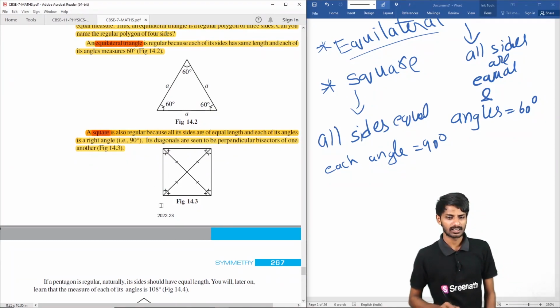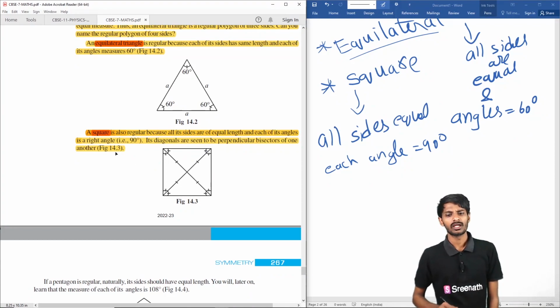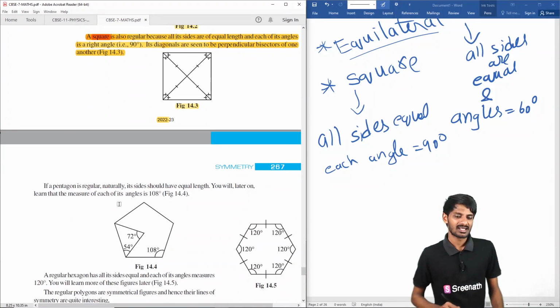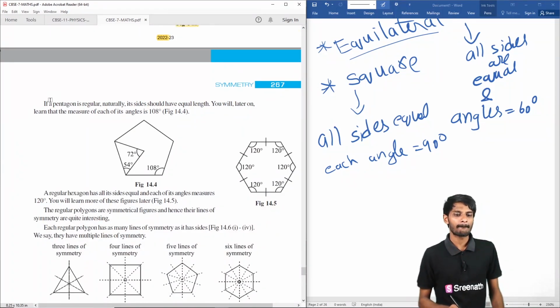All have the same length. Okay. And each angle is the same, that is 90 degrees. Here the angle is 90, here 90, here 90, here 90. So then it is also a regular polygon, students.